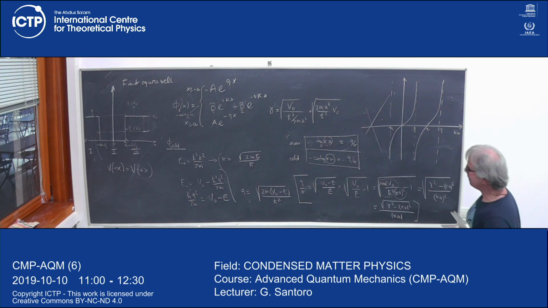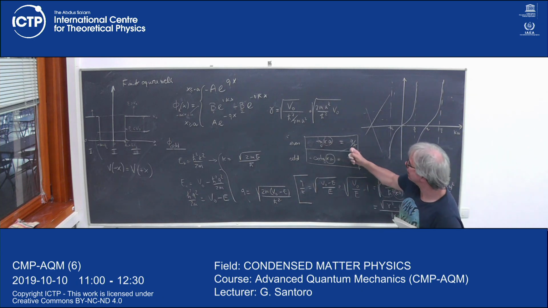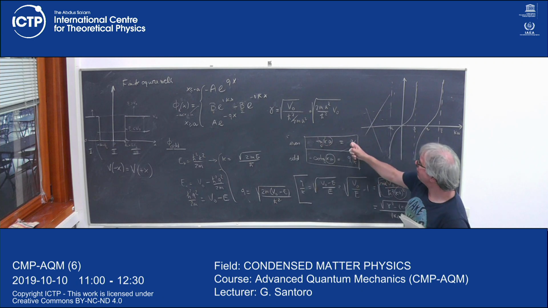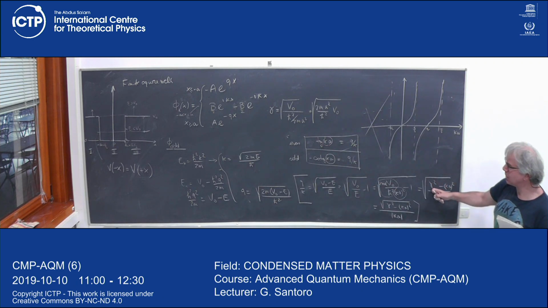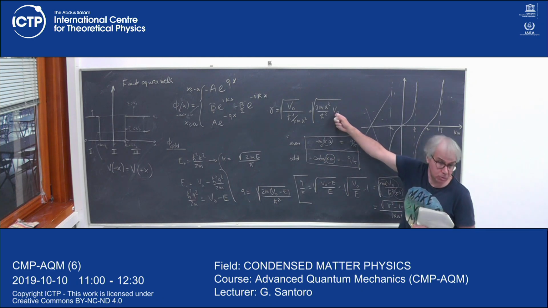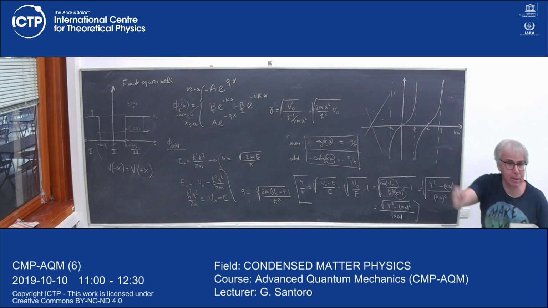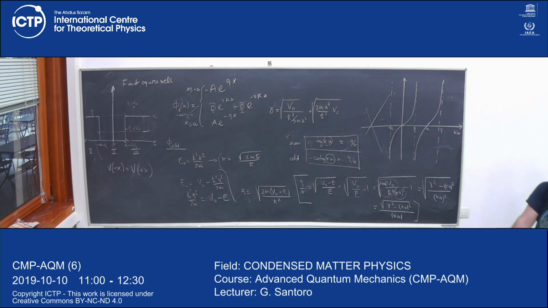Okay, what about, so I'm looking at this thing. This is the tangent. Now I have K over Q. Let's look at it. There is a parameter gamma, which depends on the problem you have, in particular on V0. It is the ratio between V0 and the kinetic energy. And what is this function?